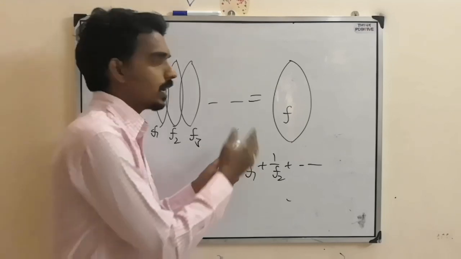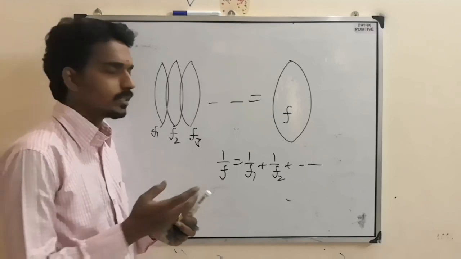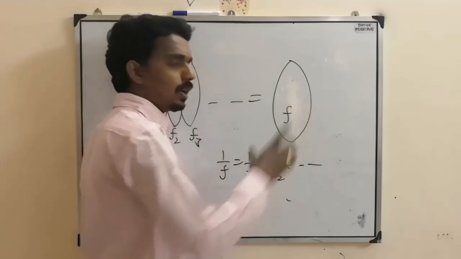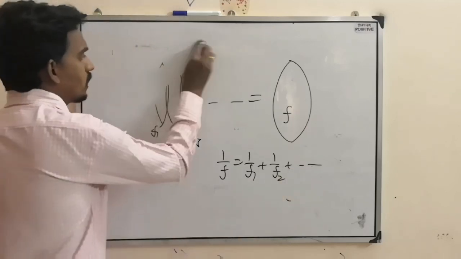This is the combined effect of the thin lenses in contact. So when two or more lenses are in contact, you can consider it as one single lens having this focal length. That is another question they will ask.